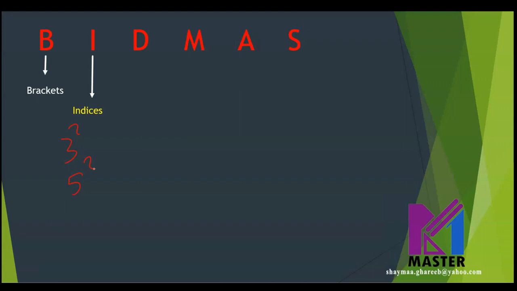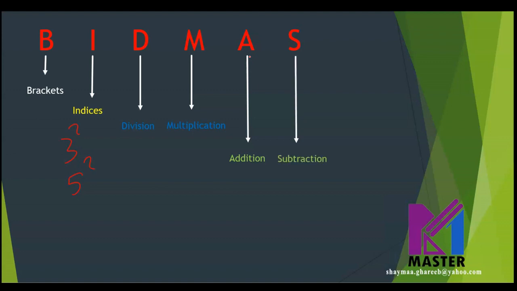So now let's continue. D stands for, what do you think? Division, and M stands for multiplication, A stands for addition, and S stands for subtraction. So I can have many of these operations in a question.